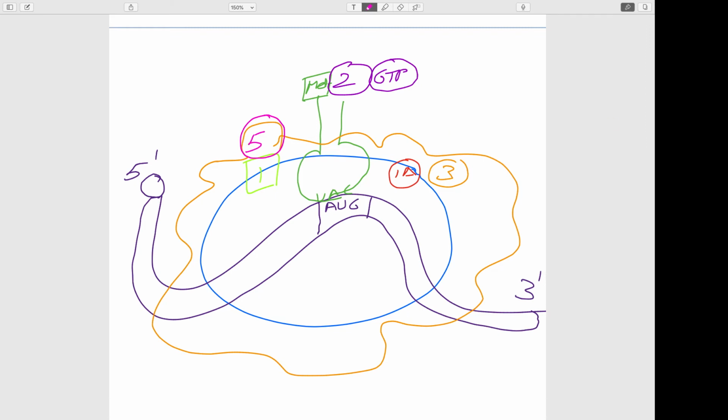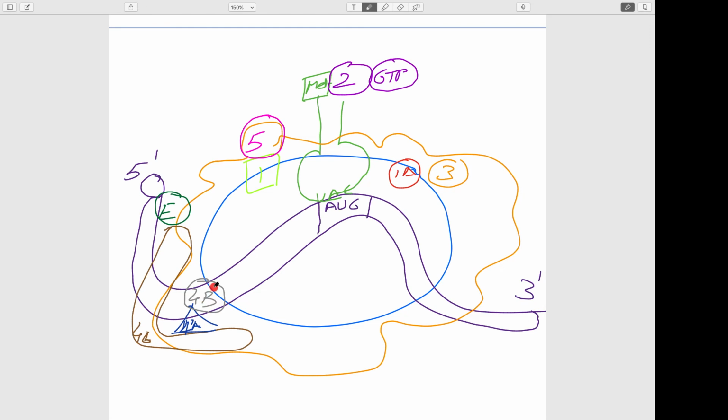Then next is factor E. Then there is 4G, then 4A, the next factor is 4B.